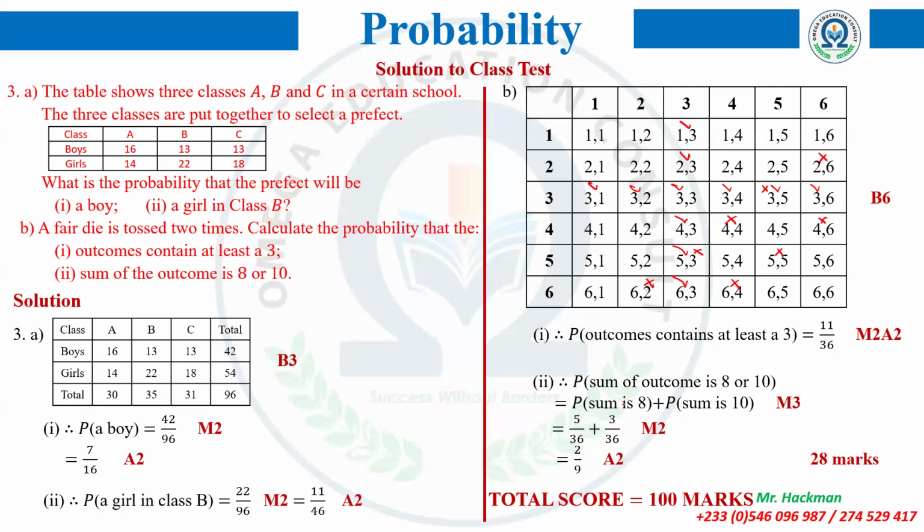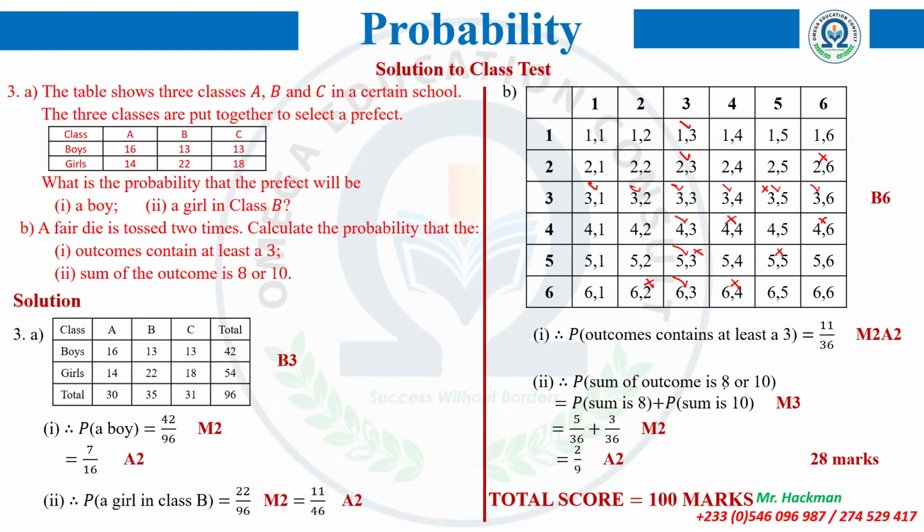Here someone can be smart. Instead of writing P(sum is 8) plus P(sum is 10), you can write P(sum is 8 or 10), combining everything. You find the successes and put everything together to give you 8 over 36, which will reduce to 2 over 9.